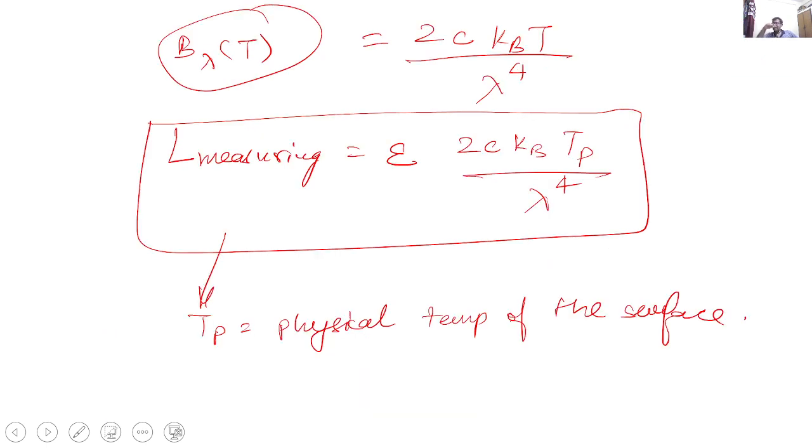If you use the Rayleigh-Jeans formulation itself, the brightness temperature would have been Tp. You just had to invert this to get the brightness temperature, but that will not be valid over all the wavelength ranges, and hence brightness temperature is usually found out by inverting Planck's law. Okay, let's do that now.